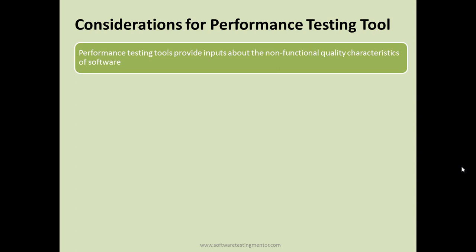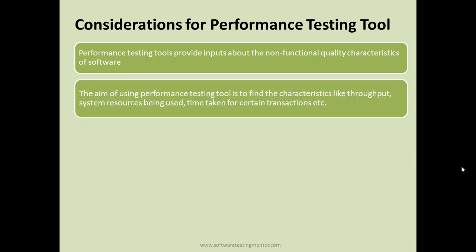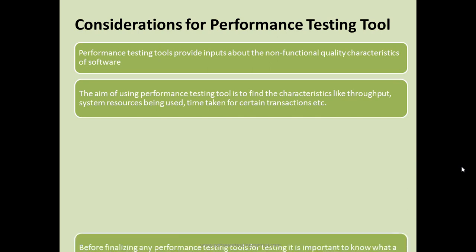Non-functional quality characteristics like throughput and response time. The aim of using a performance testing tool is to find characteristics like throughput, system resources being used, and time taken for certain transactions.